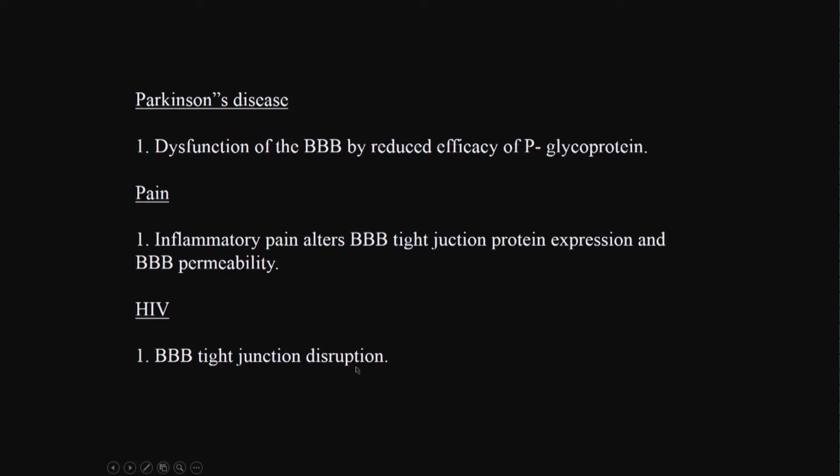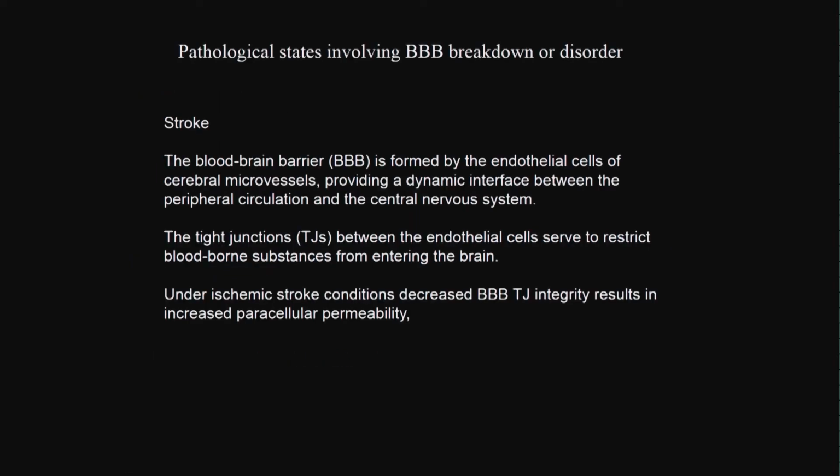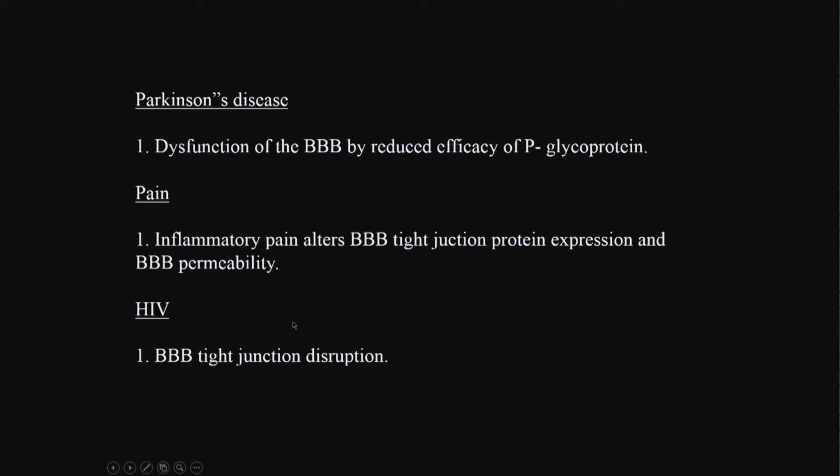HIV, again it causes tight junction disruption. Because the tight junction has been compromised, you may have paracellular permeability. So all these diseases can have an effect on the BBB, and hence, instead of the BBB preventing drugs, compounds and neurotransmitters from the body from getting in, it may start allowing them. Generally the tight junctions get compromised here.